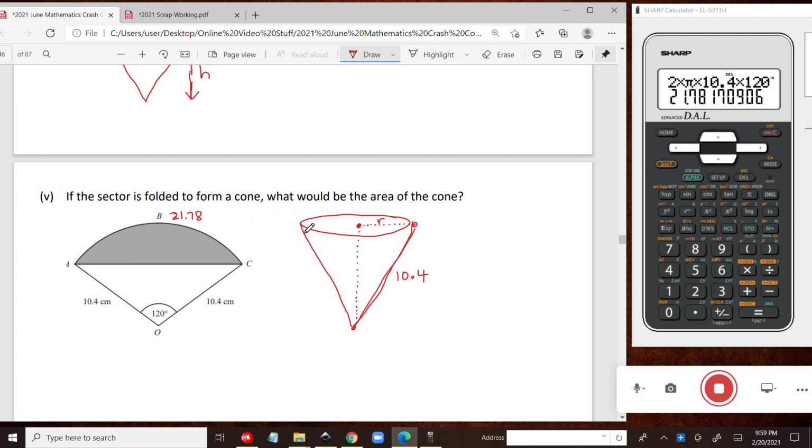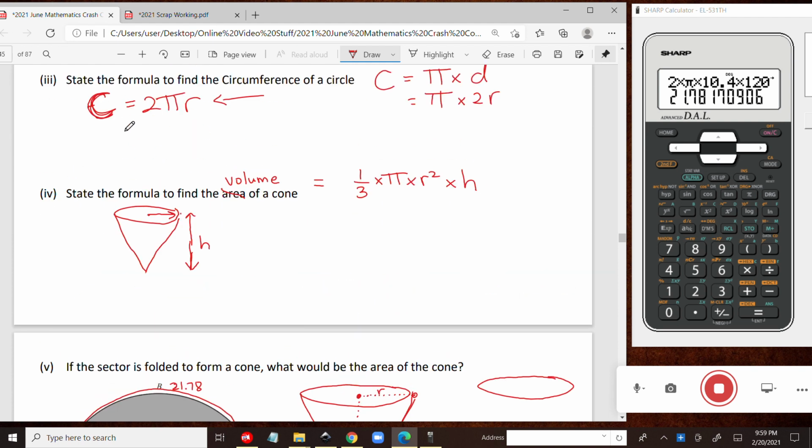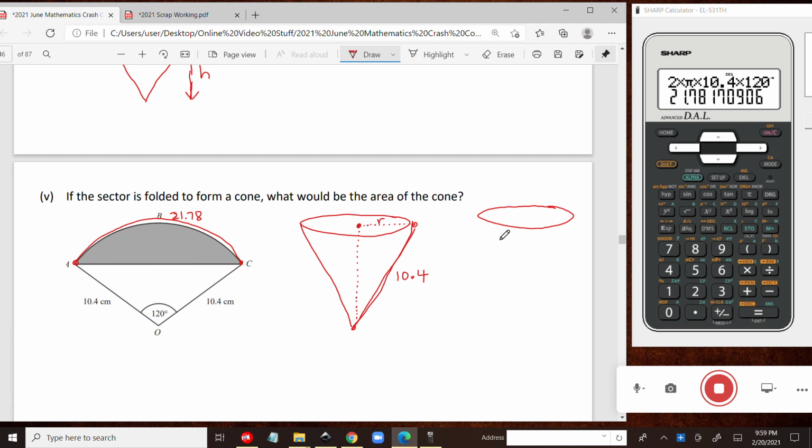But think about it like this. If we take this and make a circle out of it, you see from here to here, the 21.78, when you fold it, that becomes the circumference of the circle here. And the circumference of a circle is what? 2 pi r. Even though you fold it, it will still have the same length.